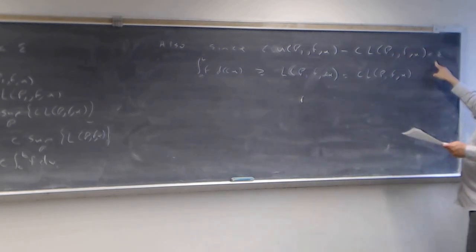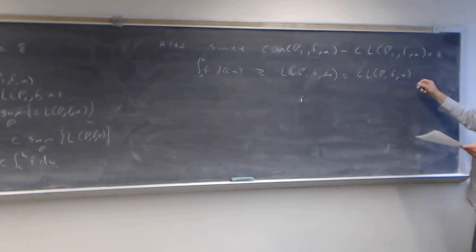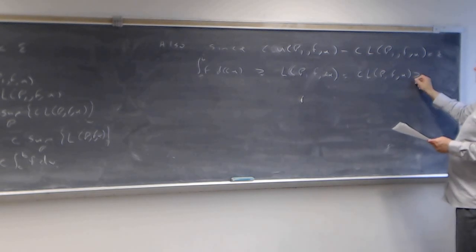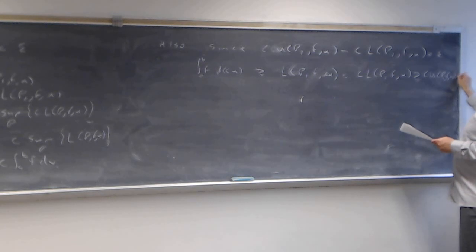And if you look at this inequality here, add this to both sides, subtract epsilon. What you get is that that's bigger than C times the upper sum, P sub 1, F, alpha, minus epsilon.